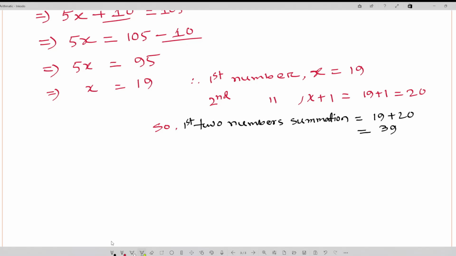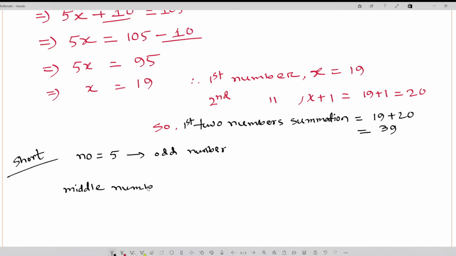We can do it another way. How? Look, a shortcut. Here are 5 consecutive numbers. Number 5 means it's an odd count. Here is a trick: first we have to find the middle number, which is the sum divided by the terms.